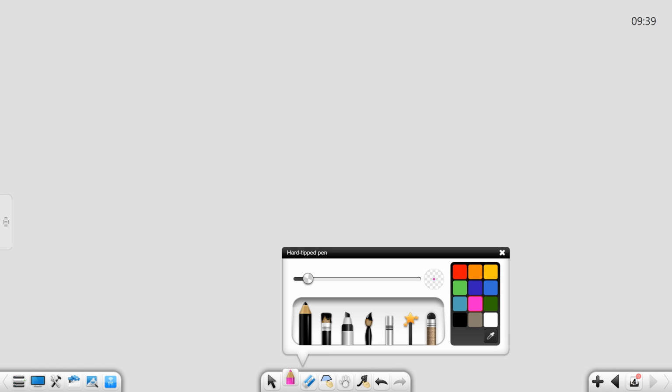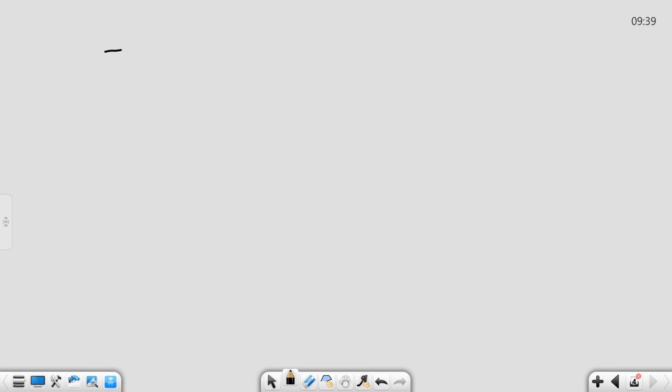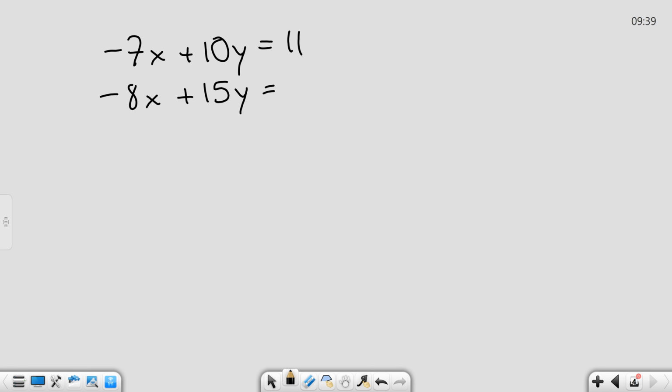All right, you try this one then. So if you're given this problem on homework or on a test or on a quiz and it doesn't tell you what method to use, hopefully you would recognize that this is an elimination problem.